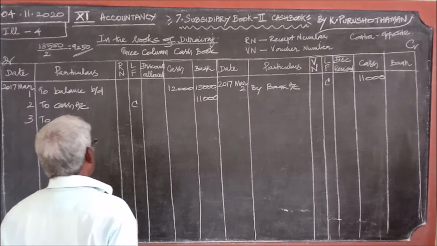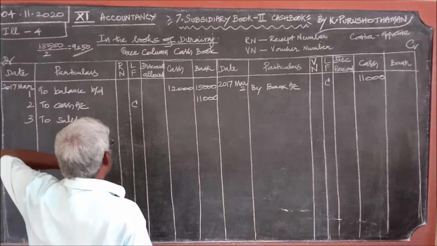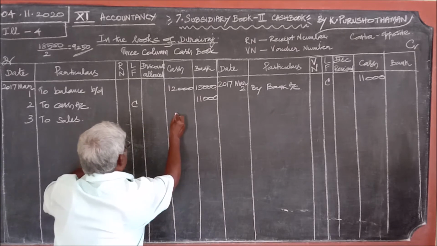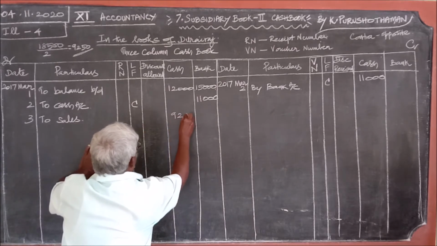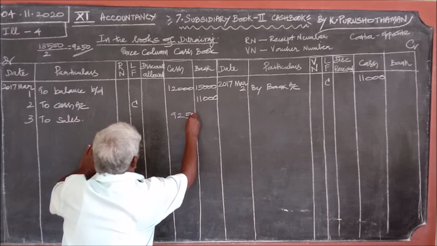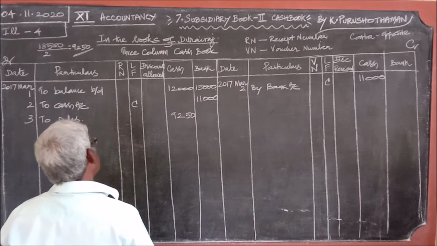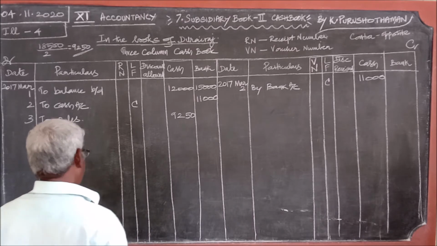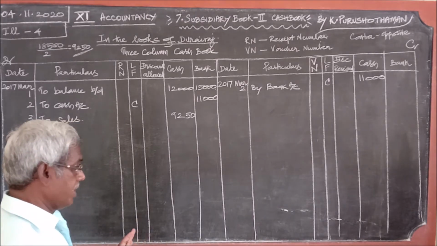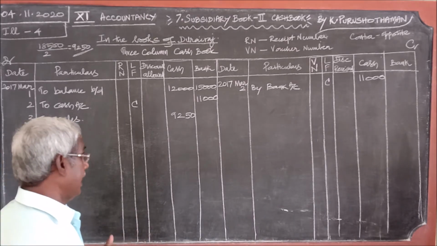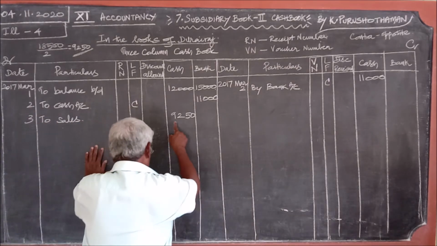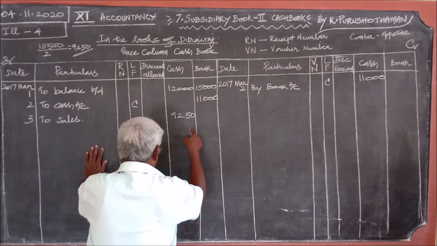What was received actually? Half of the amount, 9,250, is received as cash, and the remaining amount 9,250 is received as check. If it is stopped there as it is, that 9,250 also should be written here in the cash column only.